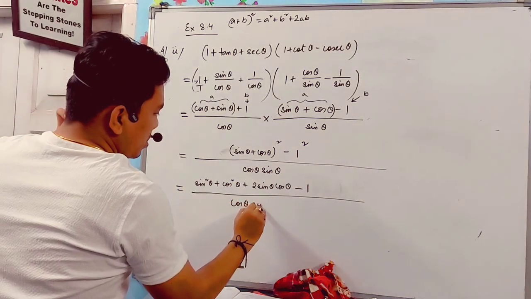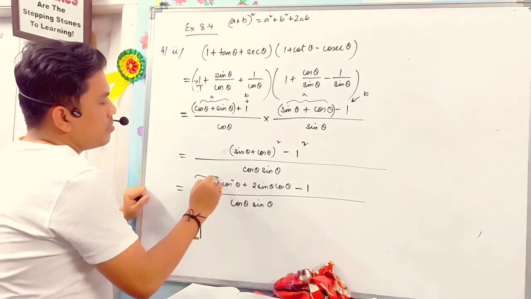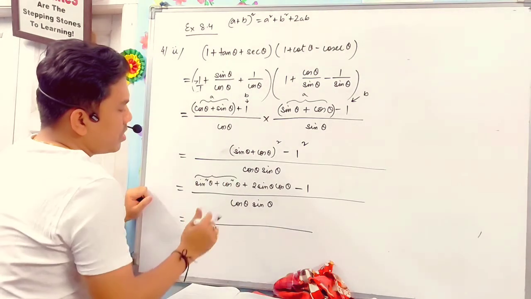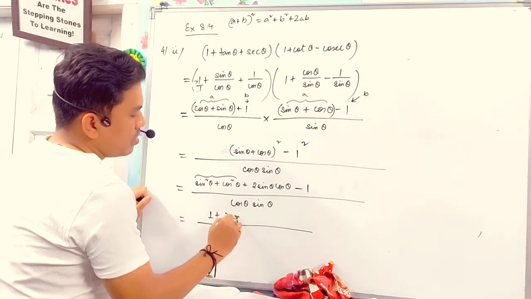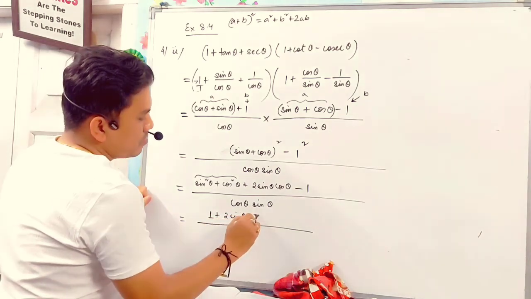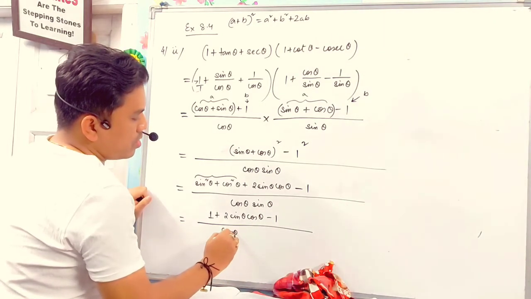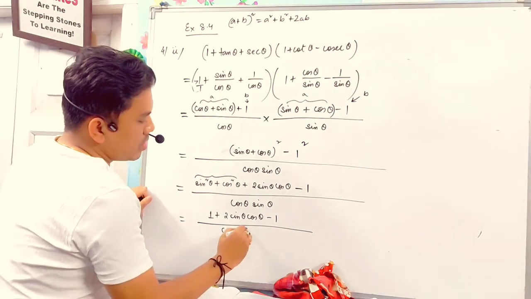Okay. So what is there in this? Cos theta sin theta. Now sin square plus cos square theta is 1, no? So in place of this we can write 1 plus 2 sin theta cos theta minus 1. Okay. And here in the denominator what is there? Cos theta sin theta.